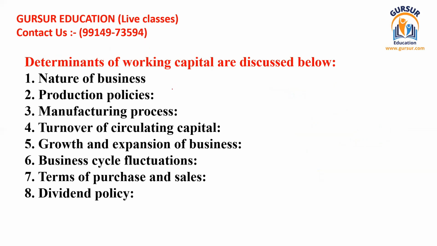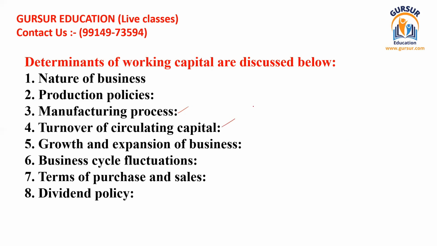So the first point is nature of a business. If your business is highly liquid, okay, like this is seasonal, then obviously you need working capital. Then for production policies, you need working capital. Maybe you have to purchase immediate raw material on a regular basis. Then for the manufacturing process as well, you need money from time to time on a regular basis. So this is why the working capital is required.